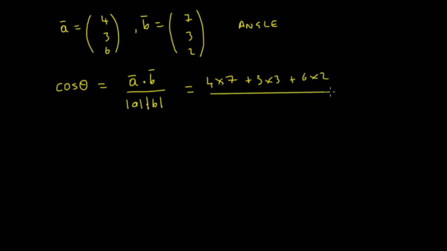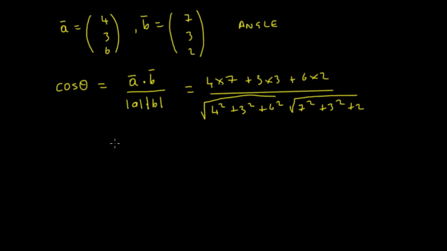And we divide that by the length of A. We get the length of A by squaring the first term, 4 squared plus 3 squared plus 6 squared, and we take the square root of that. Then we multiply this by the length of the other vector, which is the square root of 7 squared plus 3 squared plus 2 squared.